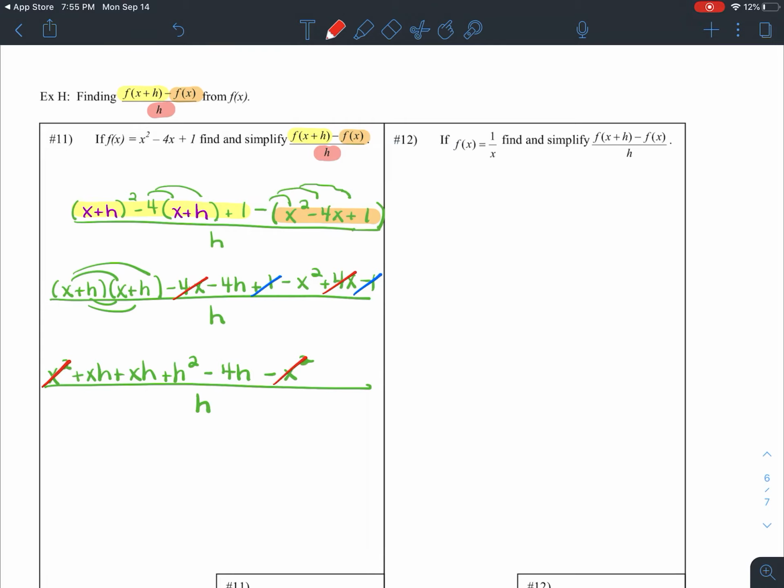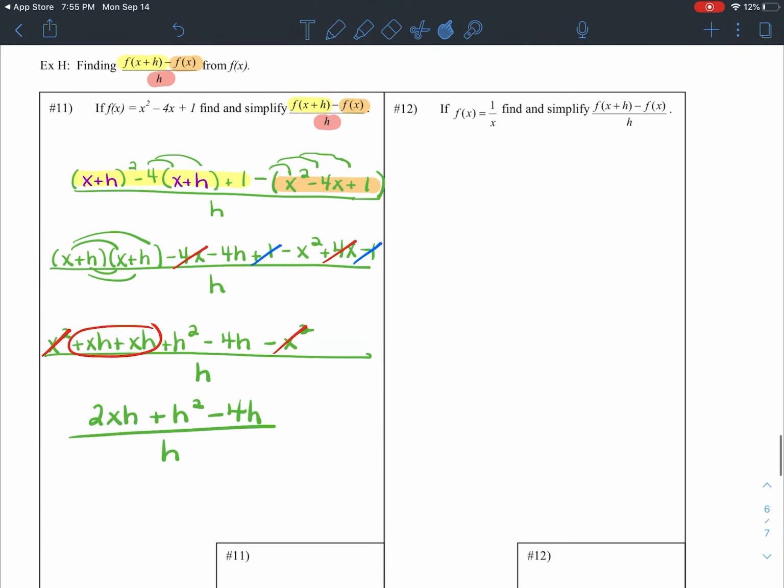Okay. Now, if I look back here, I see something else that also cancels and something else that I can combine together. So here's an x squared and a -x squared. Those will cancel. And here I have one xh plus another xh makes that 2xh plus h squared minus 4h all over h. So there's one last thing we can do for this.